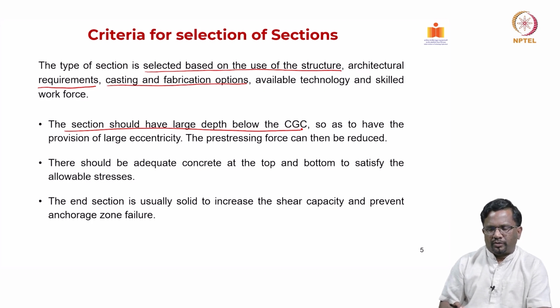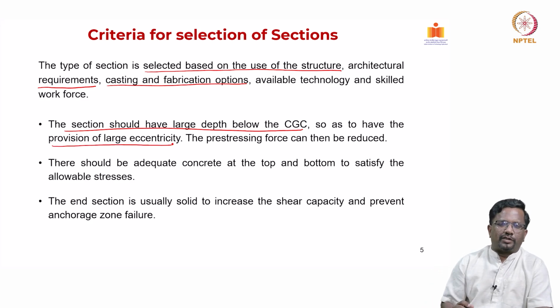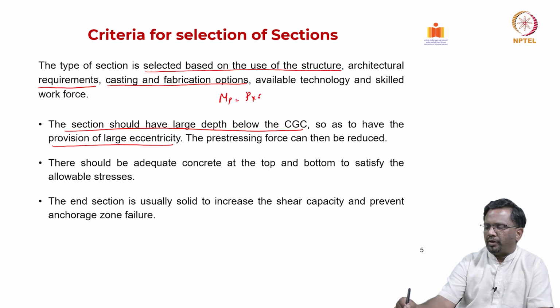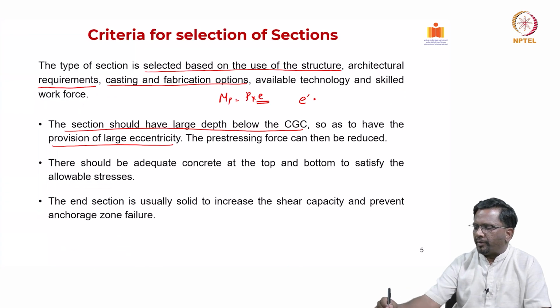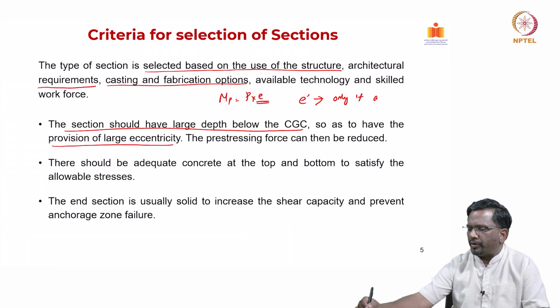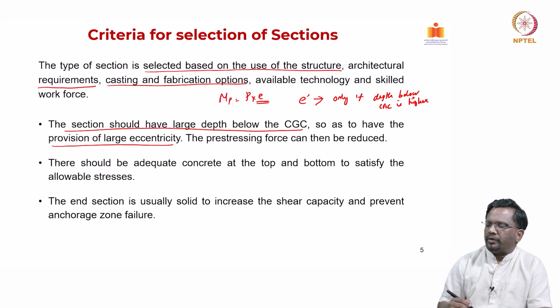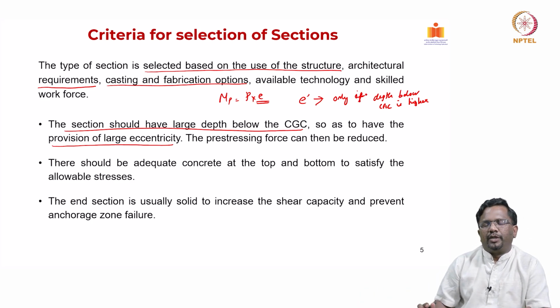That means a large eccentricity, because we want a higher Mp, which is nothing but P into eccentricity e. e can be high only if the depth below the CGC is higher. So, that is the reason the section should have large depth below the CGC.